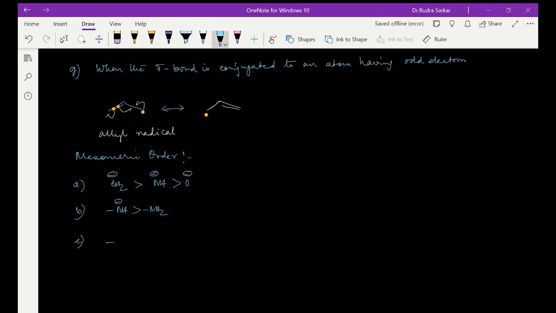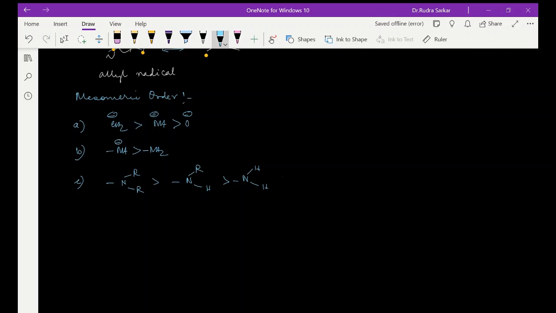Suppose you considered amines, then amines attached to 2R will be more electron donating than amine attached to 1R, which will be more electron donating than amine attached to only H, which will be more electron donating than the amine which is attached itself to an electron withdrawing group, and even more, so when it is attached to two electron withdrawing groups, it will be the least electron donating.